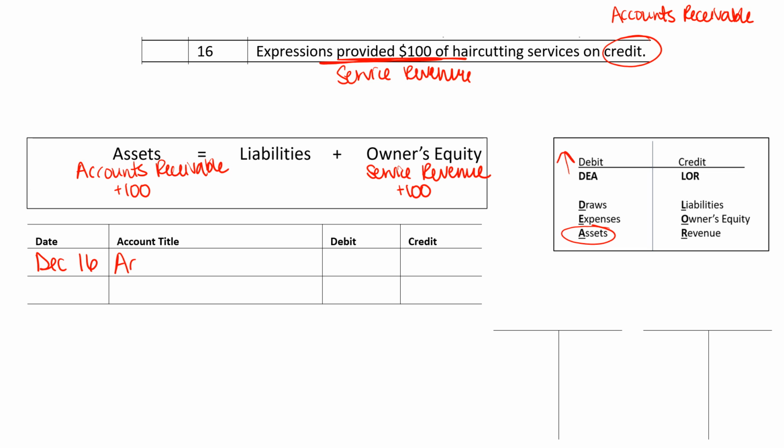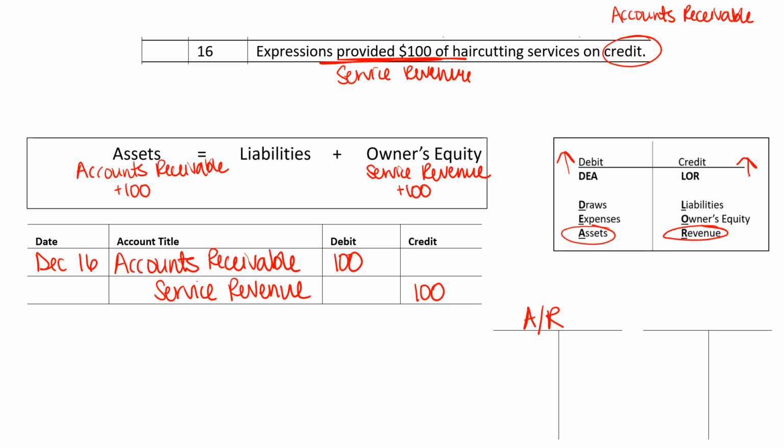So we debit accounts receivable, $100. And then to record a revenue, revenues are increased with a credit. So we credit service revenue, $100. T accounts, we have accounts receivable, debited $100, and service revenue, credited $100.